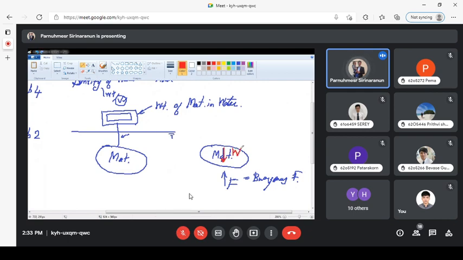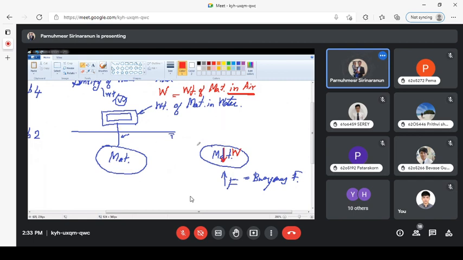Weight of material, W, is the weight of material in air. Nobody forgets that the weight of material is almost always measured in air, not in water.